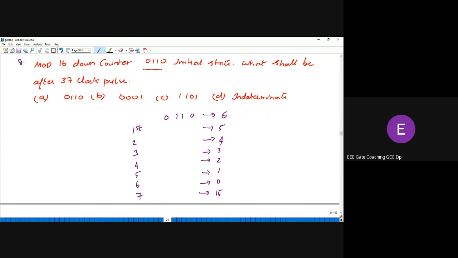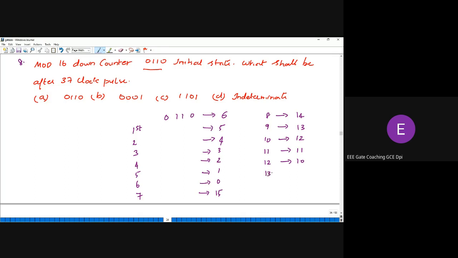Eighth clock pulse to 14. Ninth to 13. Tenth to 12. In 11th clock pulse to 11. 12th clock pulse to 10.